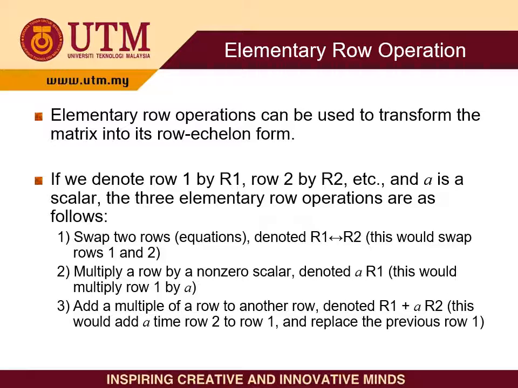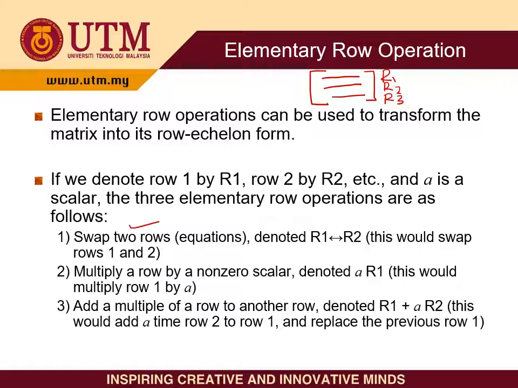If we denote row 1 by R1, this is row 1, R1, row 2, R2, row 3, R3, and so on. A is a scalar. The 3 elementary row operations are as follows. We have 3, right? First, we can swap 2 rows.